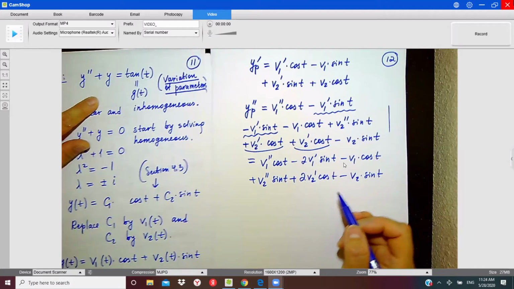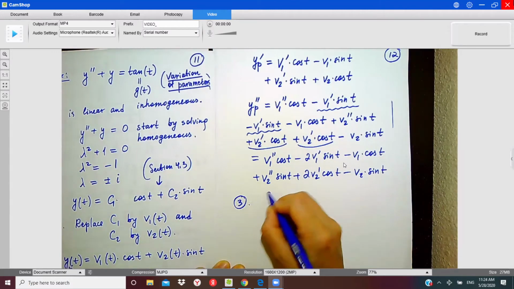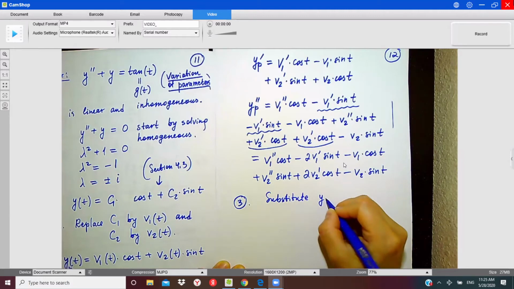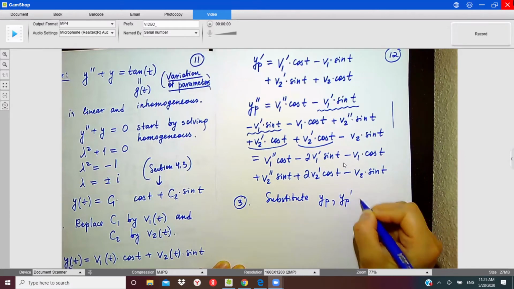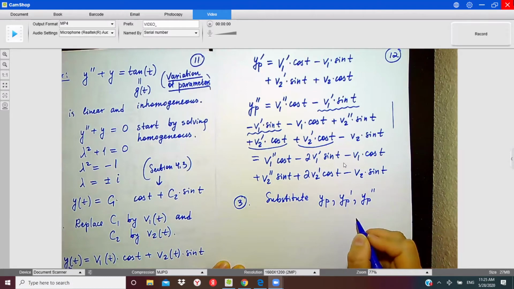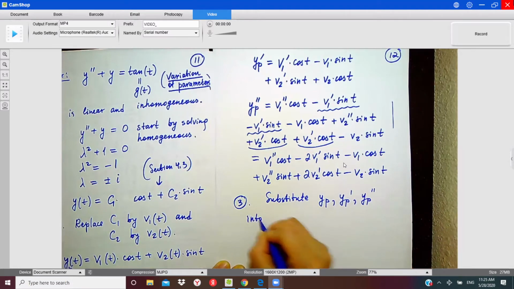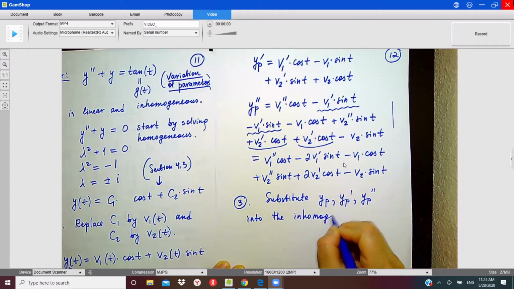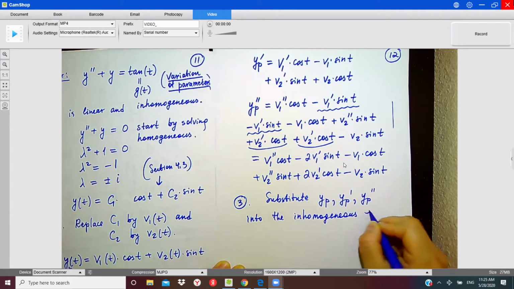So step number 3, substitute y sub p prime and y sub p double prime into the inhomogeneous equation.